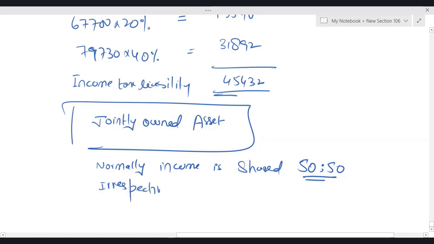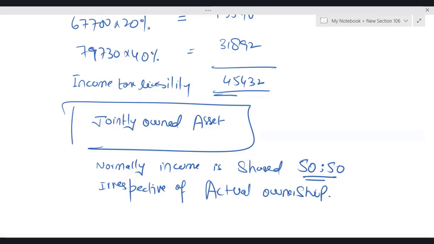Income could be shared according to the actual ownership, but for that to happen, they have to make the joint election. Means husband and wife both have to go and make the joint election. Only then it is possible, otherwise it is not possible.